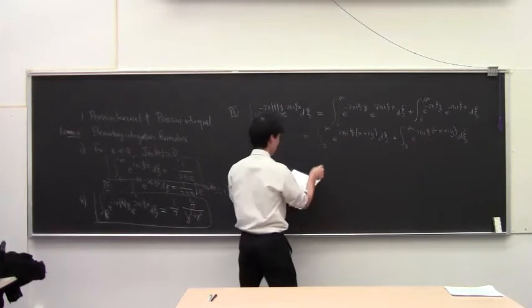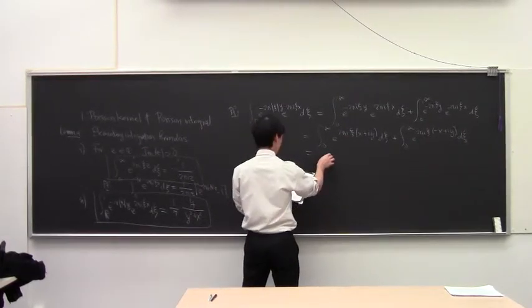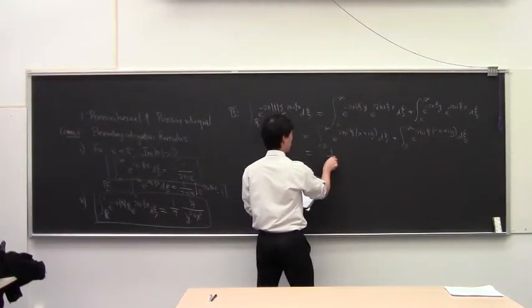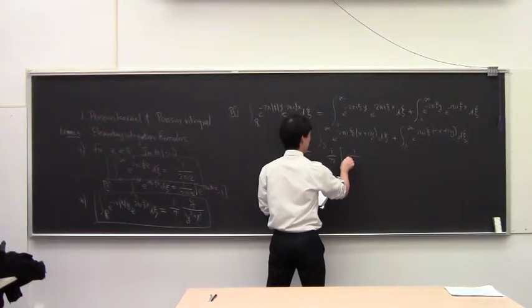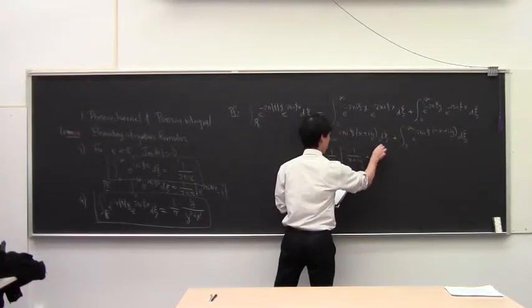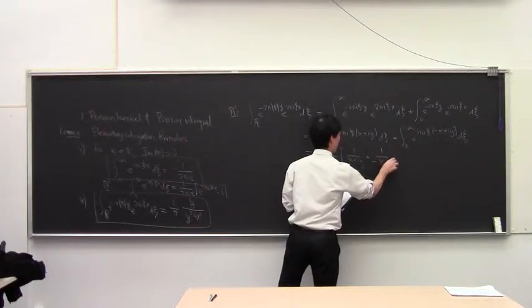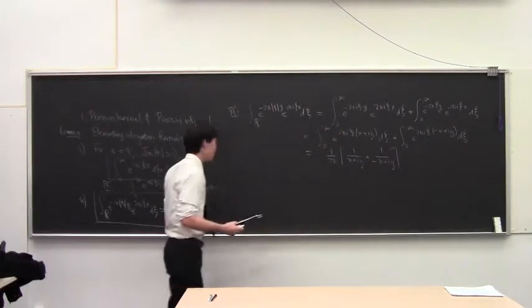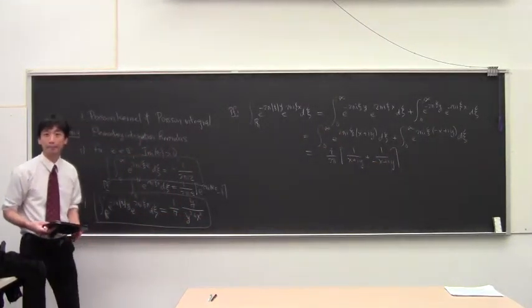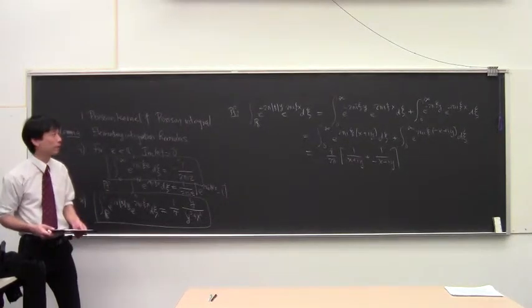Right? And then you use the first formula. i over 2 pi, 1 over x plus iy plus 1 over negative x plus iy. Right? And that gives you the end. So just a calculation.